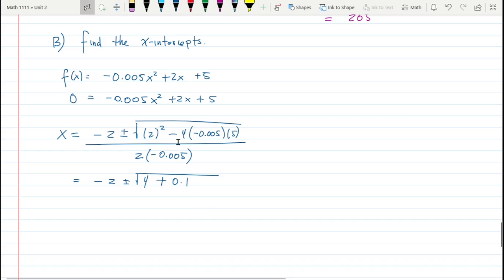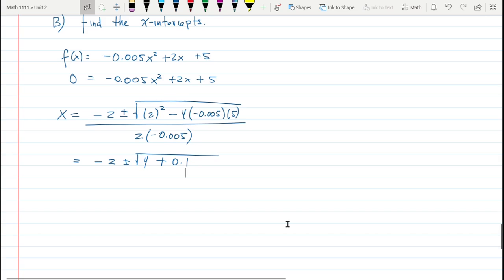Negative times a negative should be positive. So keep in mind the signs and things like that if you're trying to troubleshoot why you got the wrong answer, which can often be the case. It comes from looking at it here and plugging it in the calculator that you start making mistakes.